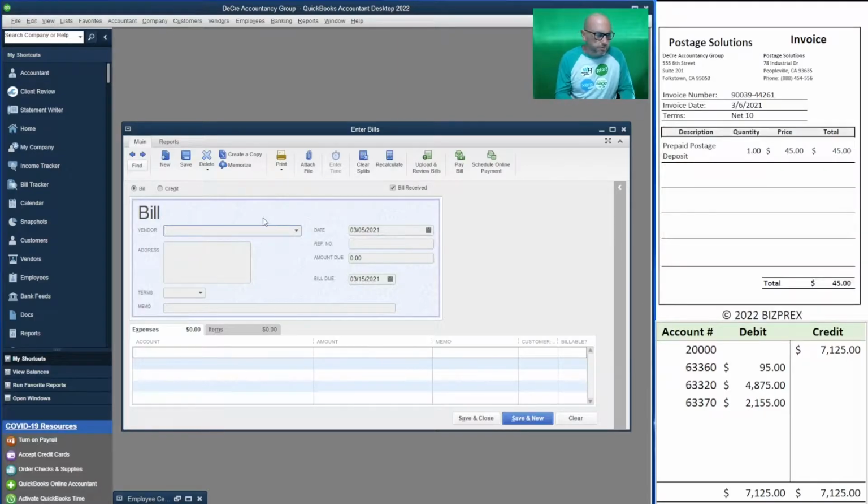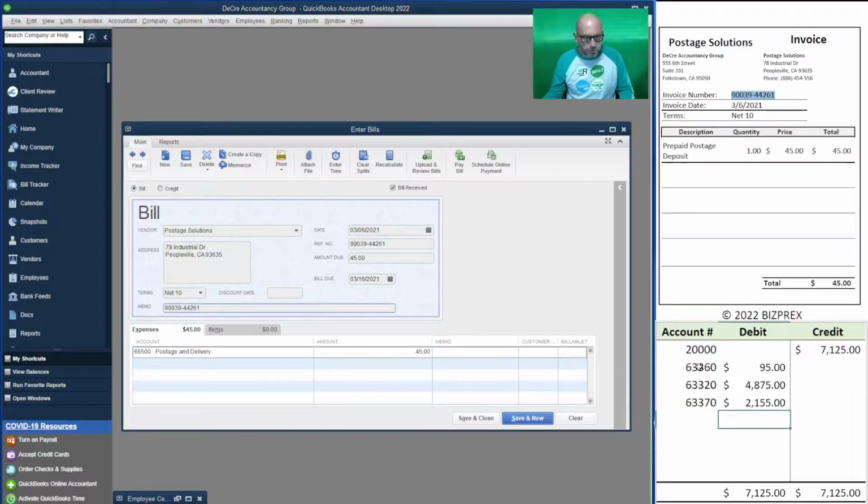Prepaid postage. Postage and delivery, same thing.